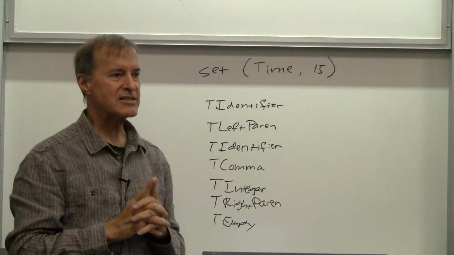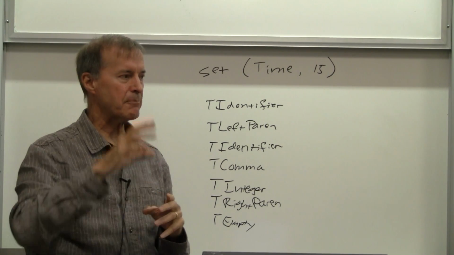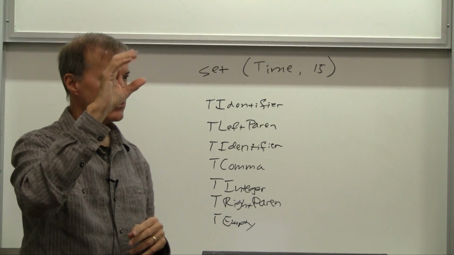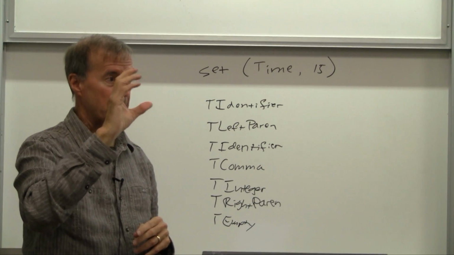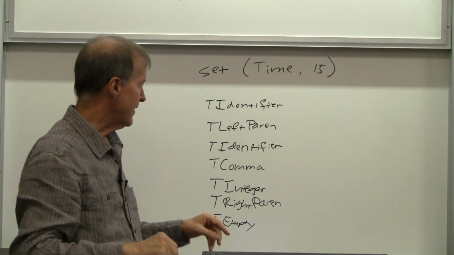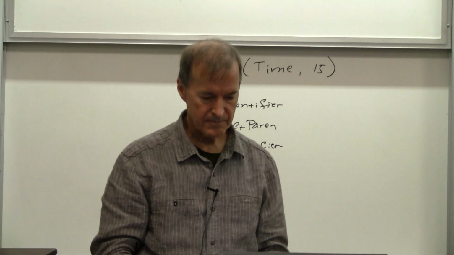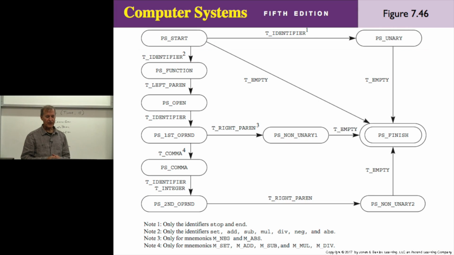Now let's take a look at that parser for this little toy language. That parser is going to have a transition on these tokens. So here it is. In figure 7.46 in the text, this is the finite state machine for this little toy language.